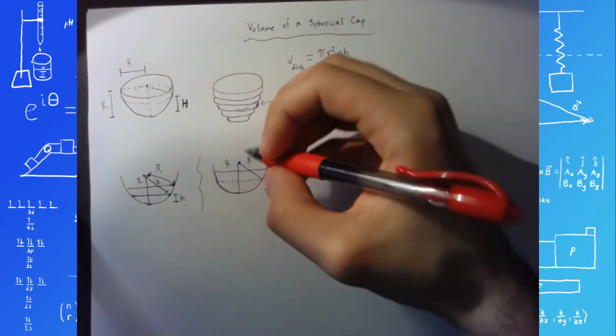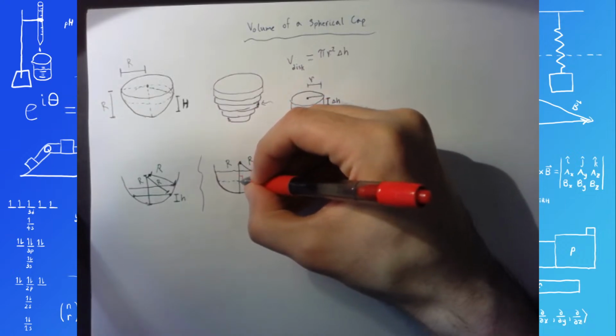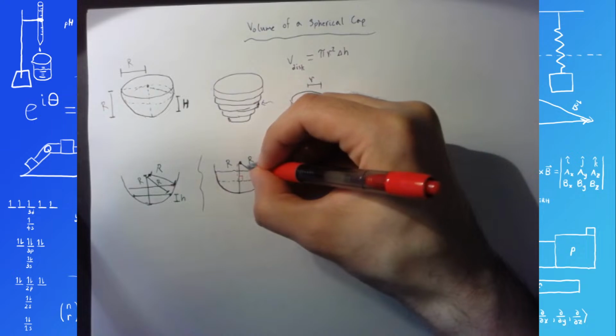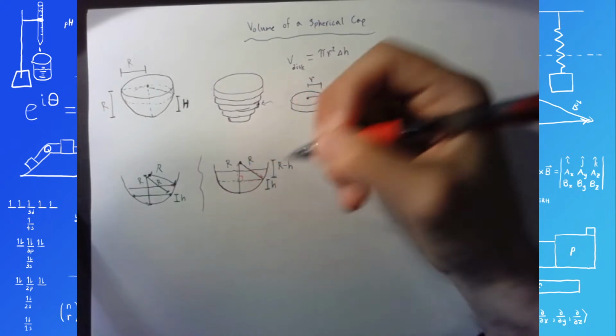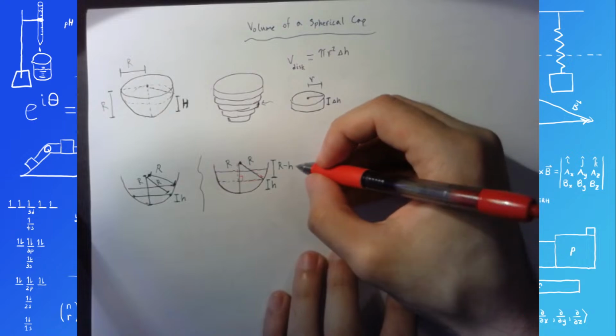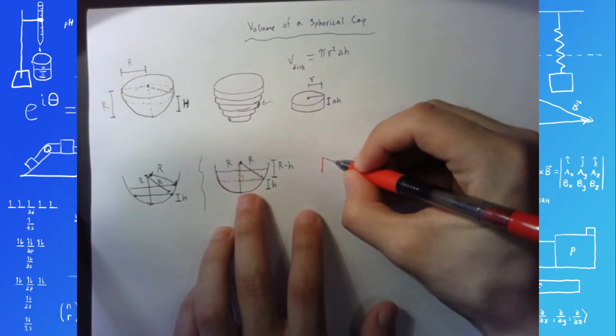I can do some Pythagorean theorem because I do have a right triangle right here. So I can say that there's a relationship. I can copy this triangle over.